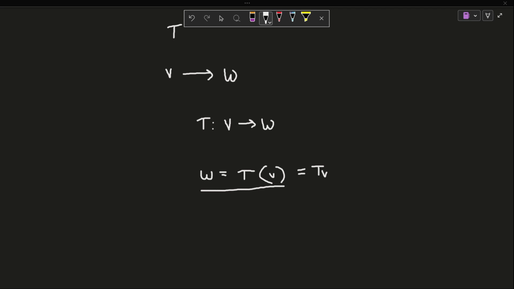We take this idea of transformations one step further by categorizing them. We'll look at a linear transformation in this video.